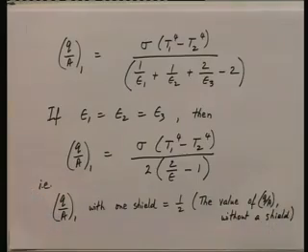That is what you are getting. With one shield, the value of q by a 1 is reduced by half, 1 by 2.